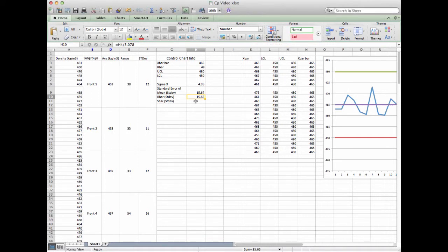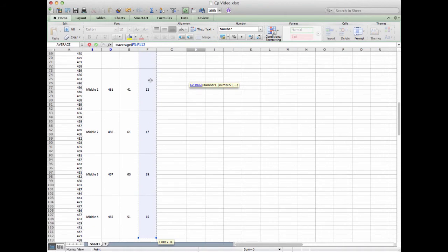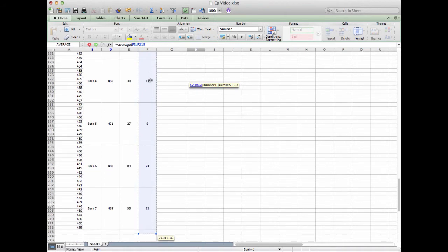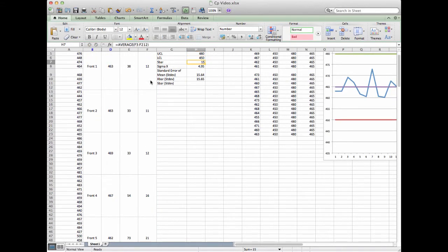For the sake of comparison, we're going to calculate the population standard deviation also using the S-bar formula. In order to use the S-bar formula, I need to calculate the average value of the subgroup standard deviation. So my S-bar is going to be equal to the average of these standard deviation metrics for each of the subgroups. So I'll select all 21 of my subgroups and calculate my S-bar value, which is simply 15.06.